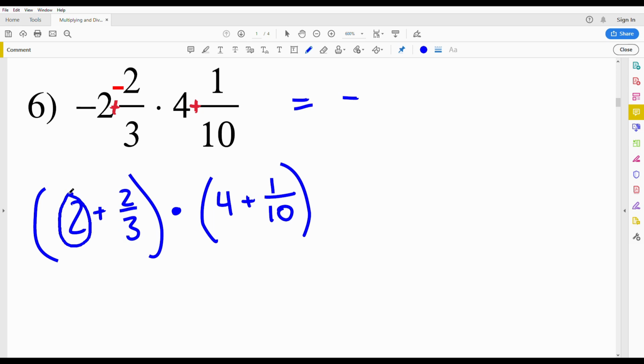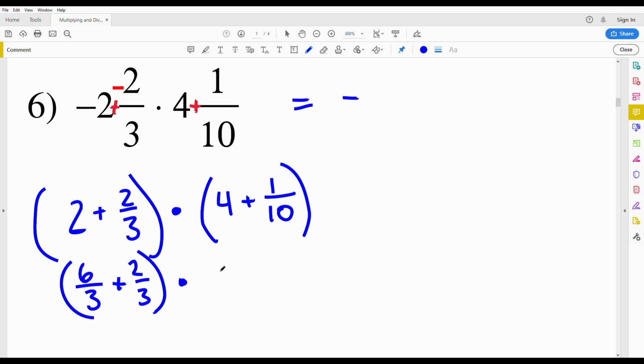What divided by 3 gives me 2? 6. So 2 I'll write as 6/3, and you can also think of that as multiplying 2 over 1 by 3 over 3, not changing the value of the fraction because I'm multiplying by 1, but I get 6/3, and then we'll add that to 2/3.